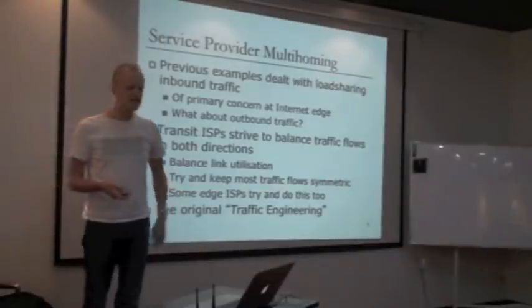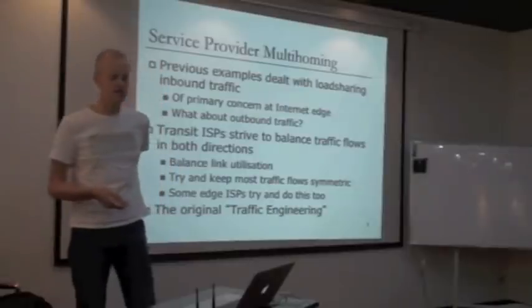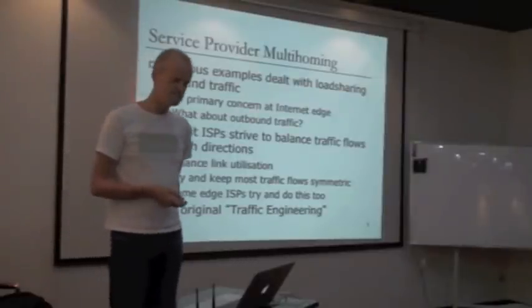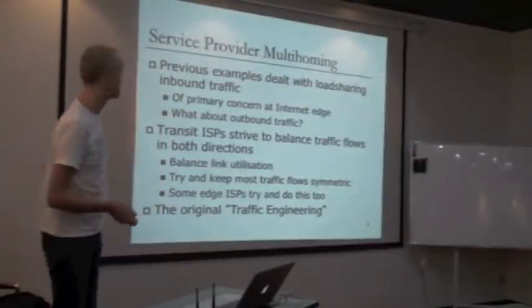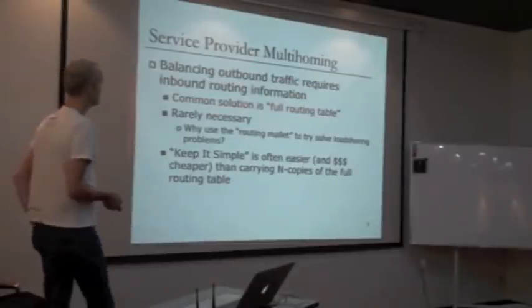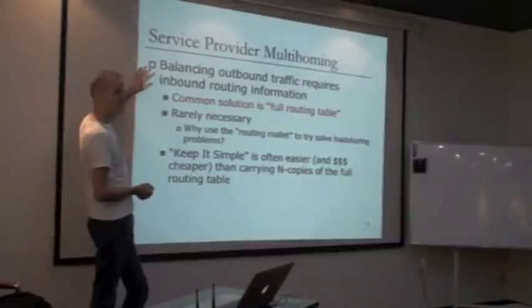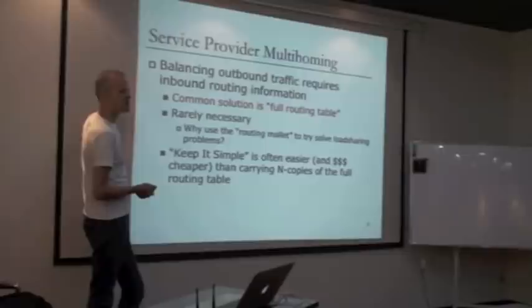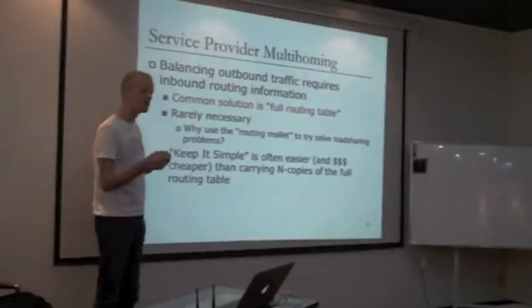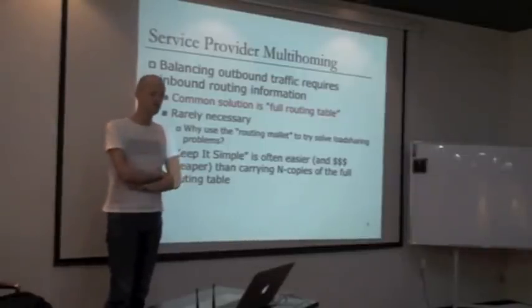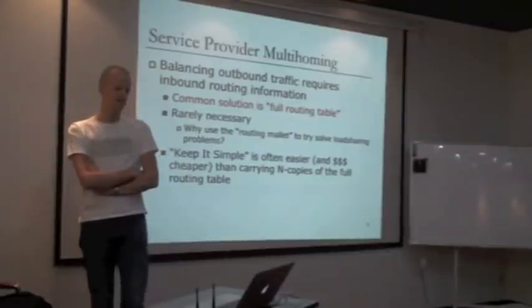Doing all this is really the original traffic engineering, just to try and balance the traffic flows as best as you can. Balancing outbound traffic requires inbound routing information. Remember, for balancing inbound traffic, it all depended on what we sent out to the other ISP.